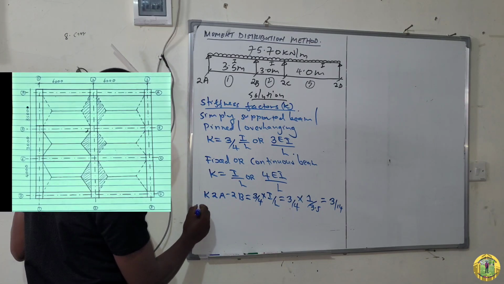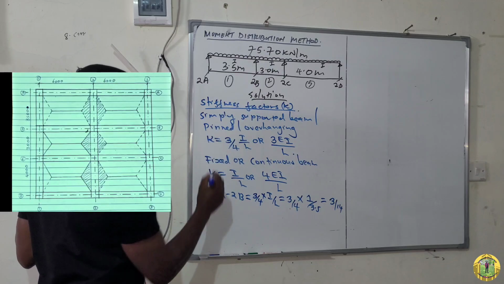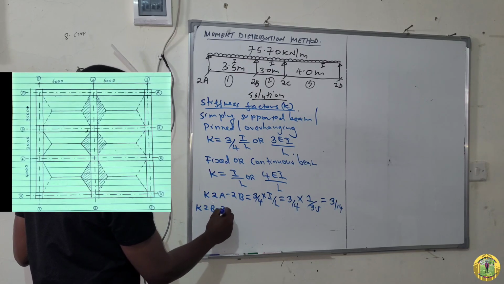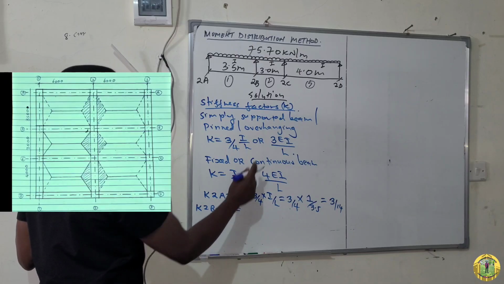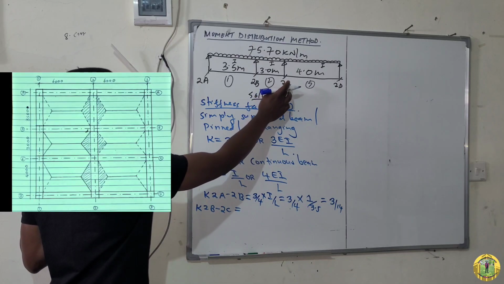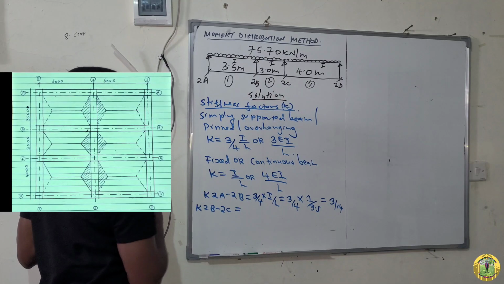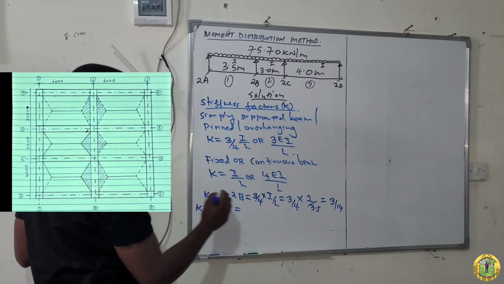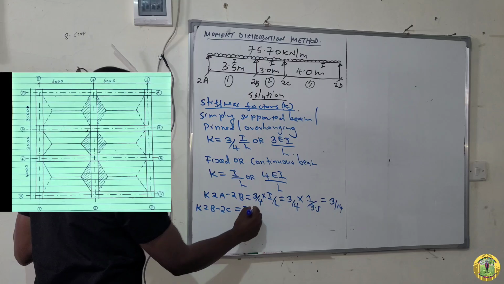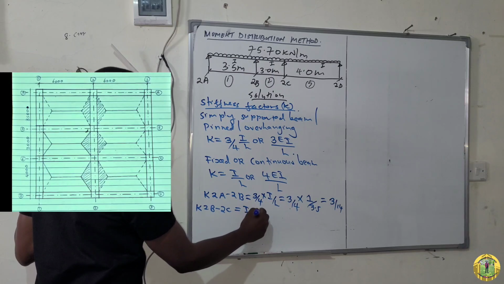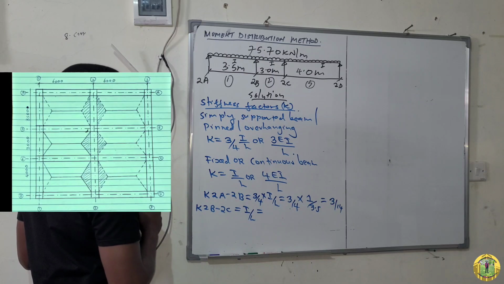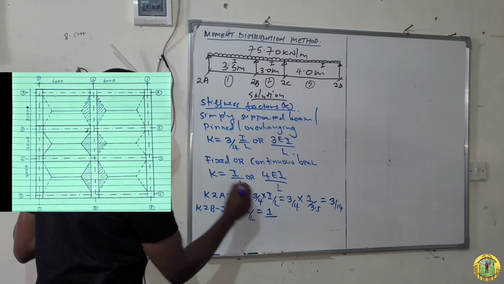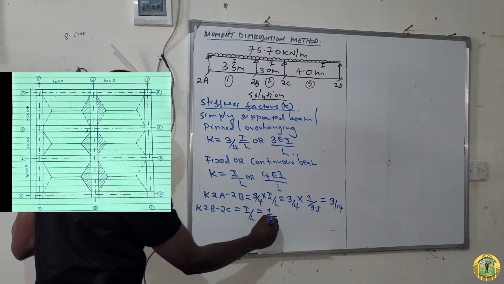We proceed to K 2B to C. The farthest support is a continuous support, so we use I over L. I is 1 and L is 3.